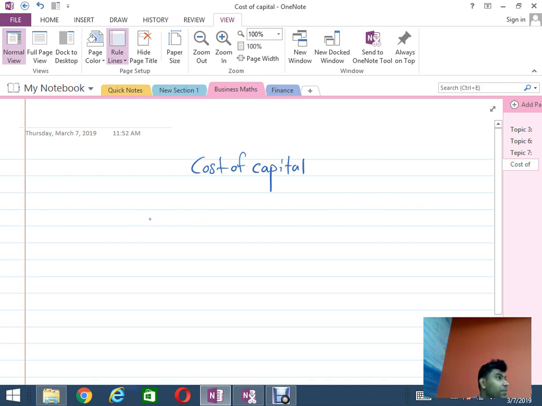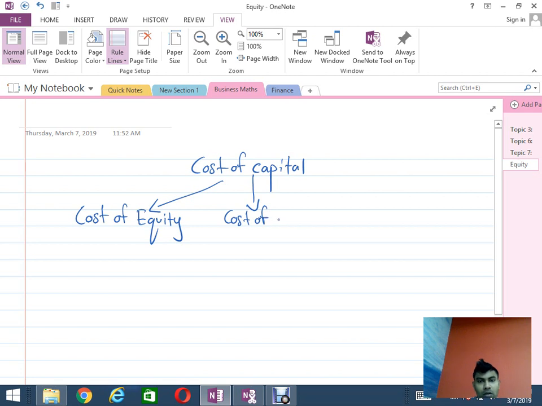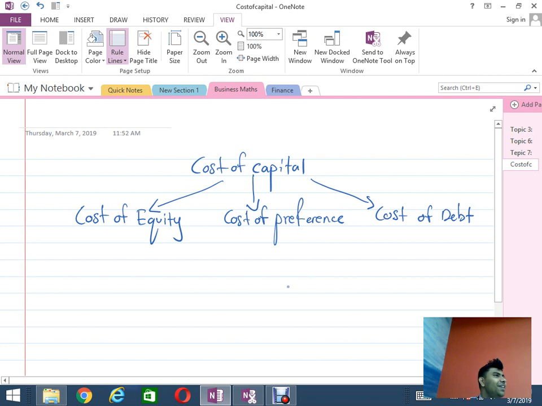Now in the cost of capital, you got three things. Number one, cost of equity. Cost of preference. Cost of debt.